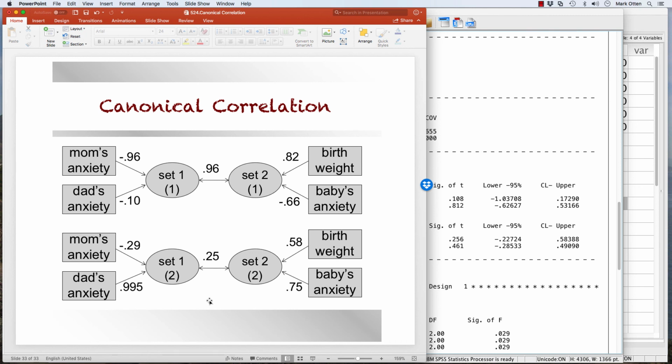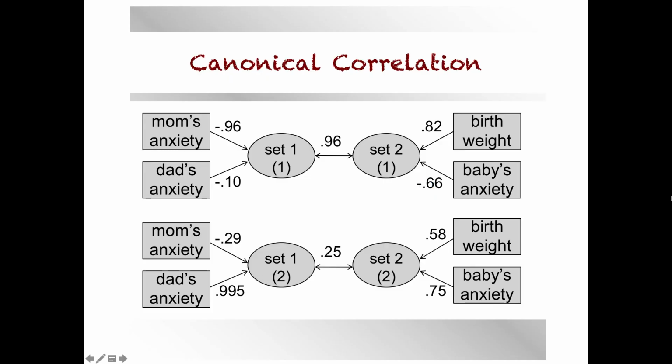Okay, that's it. There's lots of other output here to be had, and a little bit more depth of understanding that may come from a more in-depth study of canonical correlation. In the end, we have a strong relationship between our parents' anxiety and baby's birth weight, set 1, set 2, and then a weaker one.